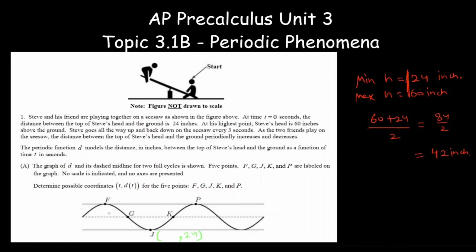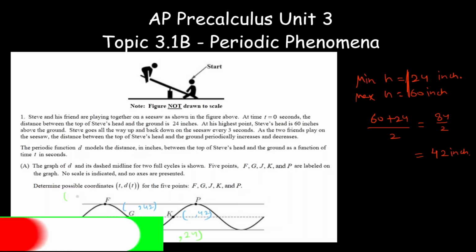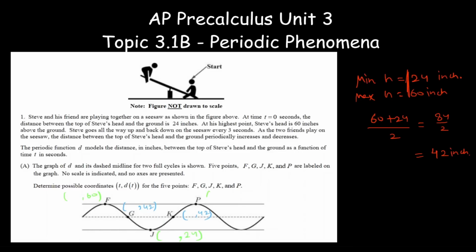K and G correspond to the midline, so it has to be something comma 42, and something comma 42. Finally, the highest points correspond to the highest value, which is 60. So something comma 60 and something comma 60.